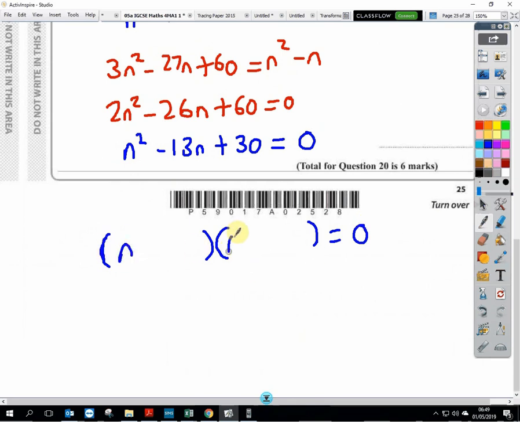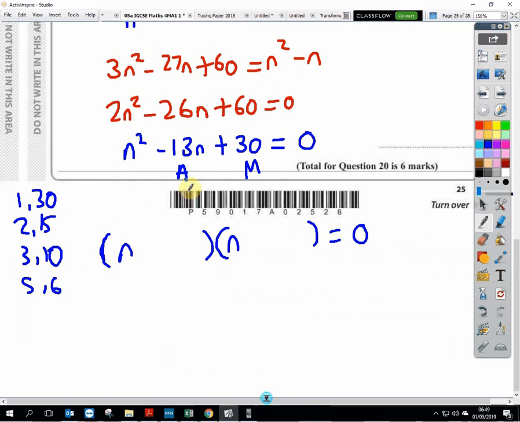So the way I factorise this is using the AM method, and what that means is there are two numbers that add to give negative 13, but multiply to give positive 30. So numbers that times to make 30, you've got 1 and 30, 2 and 15, 3 and 10, and 5 and 6.